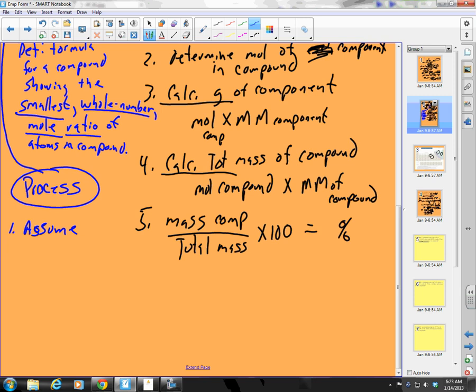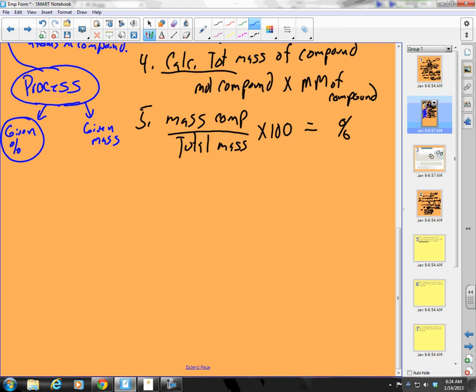Hold on, I have to back up because there's really two types of problems. There is a problem where you are given percentages and a problem where you are given mass. Let's talk about the process for a problem where they give you a percentage. Sorry about that.